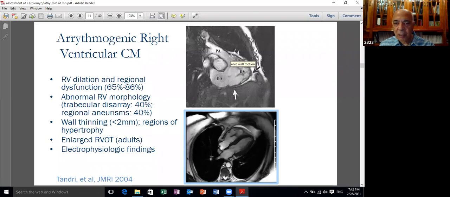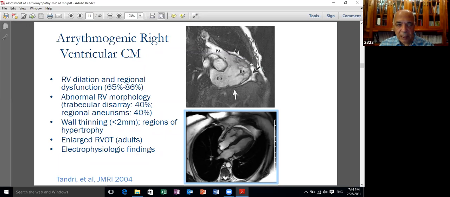But no one is doing a biopsy for right ventricular dysplasia because these areas are thinned out and they are prone to perforation if you biopsy them. The reason MRI is not used to detect fat and consider it one of the criteria for the diagnosis of the condition is that normally fat is present in these areas, and with fat suppression, you cannot get a differentiation between what's normal and what's abnormal.